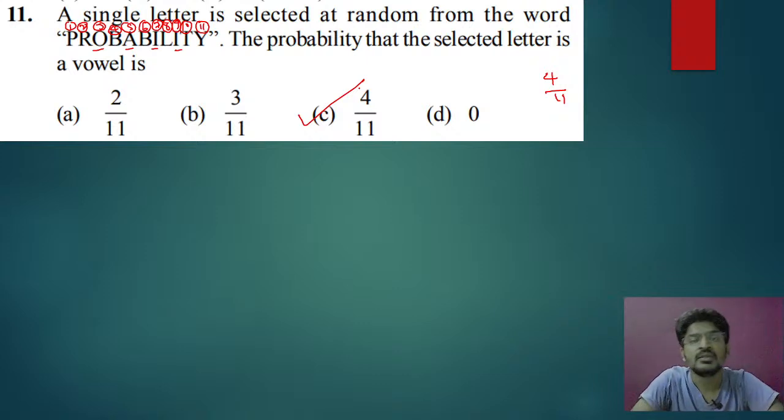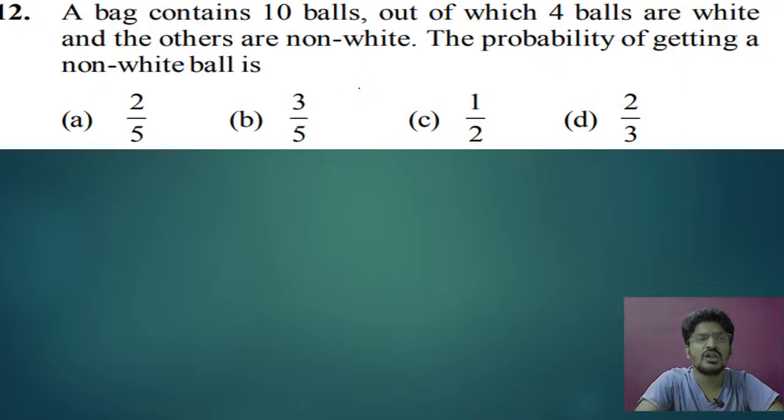Very good. Now we can go for the 12th question. A bag contains 10 balls, out of which 4 balls are white and the others are non-white. The probability of getting a non-white ball is what they are asking.